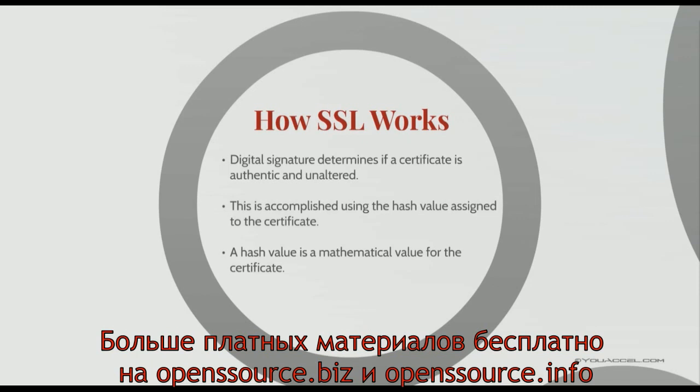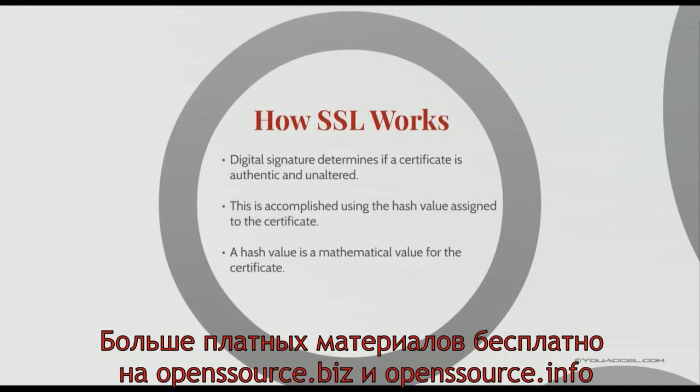How do SSL certificates work? Earlier, we introduced the digital signature. We know that the digital signature, among other important functions, determines if a certificate is authentic and unaltered. This can be accomplished because of the hash value assigned to the certificate.